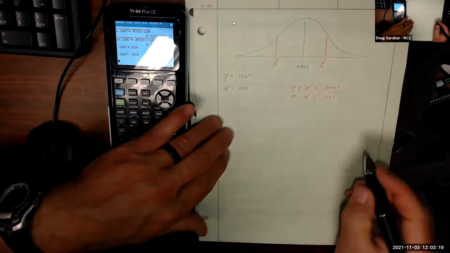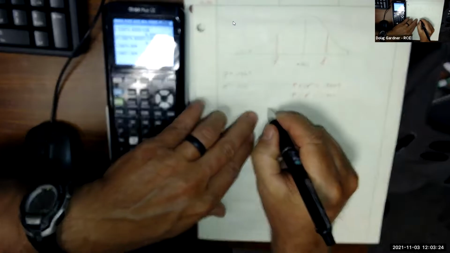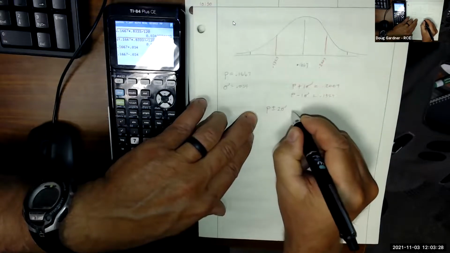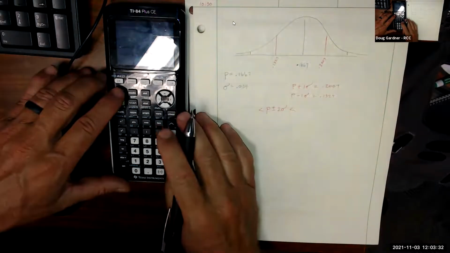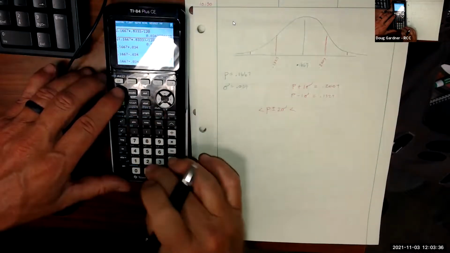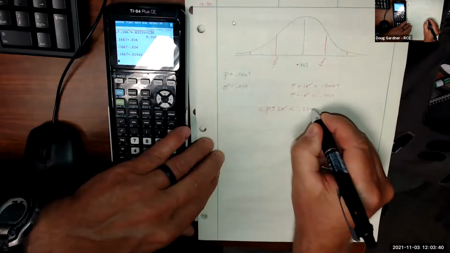Could we go out yet 1 more standard deviation? I'll write it differently this time. The mean plus or minus 2 standard deviations. I got 0.2347 for the high end.